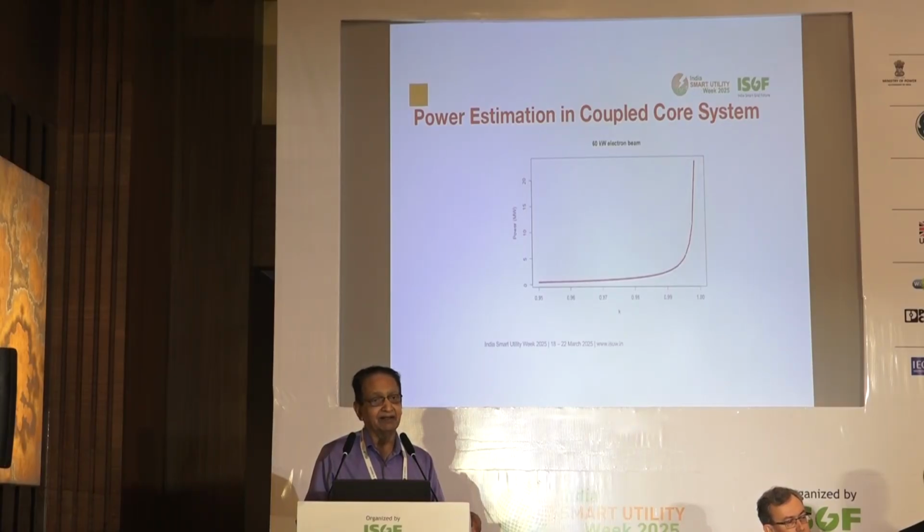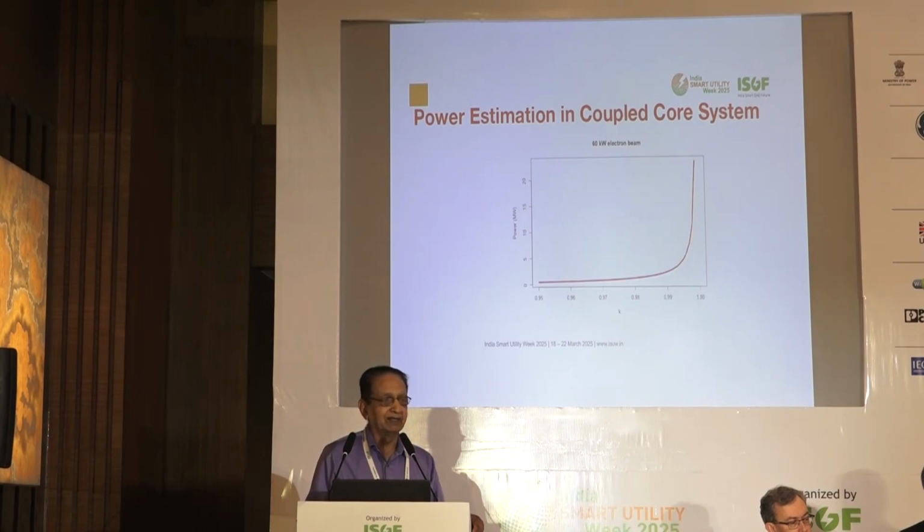Estimations have given that in a single core reactor, if we have 0.99 criticality, we can go for a power production multiplication of about 100. Whereas the same 100 multiplication we can get using a dual core, where fast and thermal, both kinds of reactors are in operation.